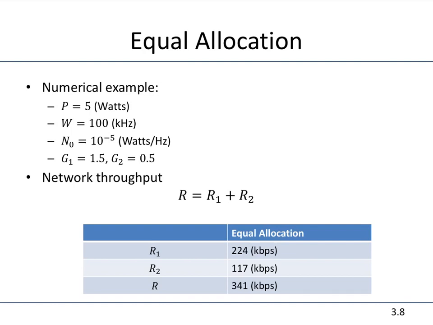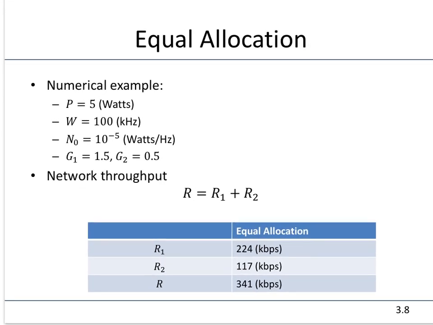Numerically, if we assume that P, which is the maximum power, is 5 watts and W is 100 kilohertz, G1 and G2 are like this, okay? Which means that here user 1 will have better gain.